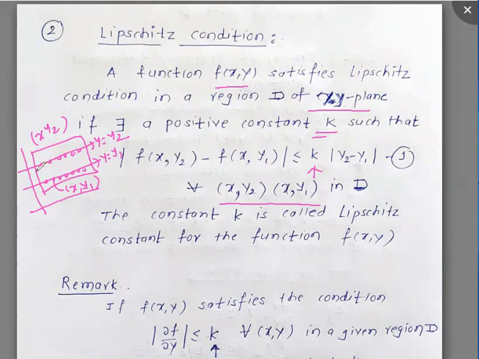So if the difference of the values of the function f of x comma y2 at all these points minus the value of the function at all these points is less than or equal to a constant times y2 minus y1, and this holds for all points x comma y2 and x comma y1 in D, then x comma y2 and x comma y1 can be any point in this region D.